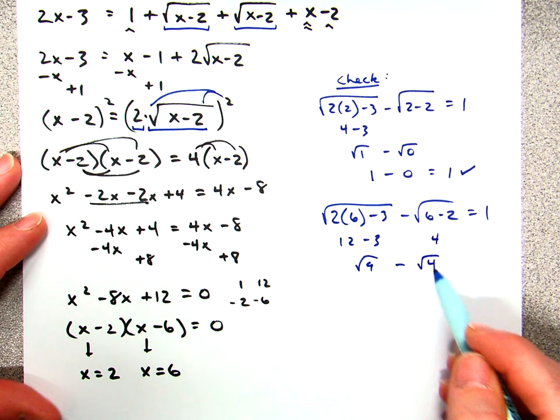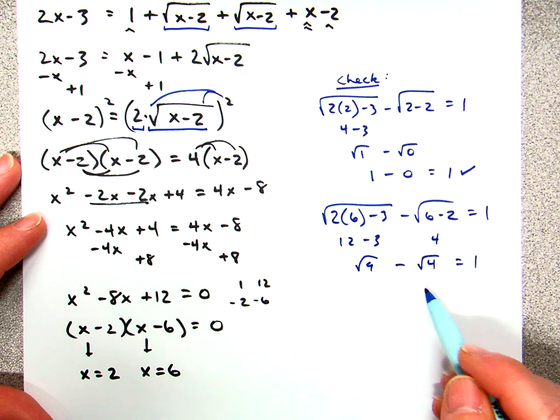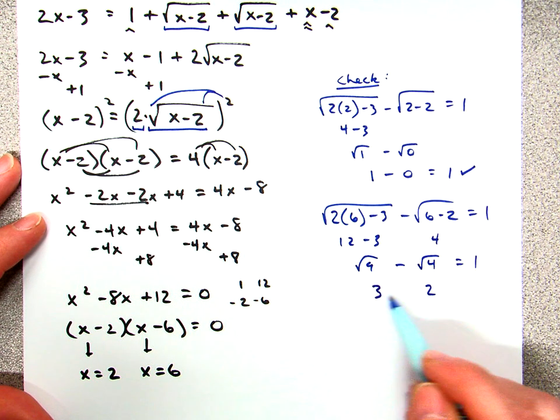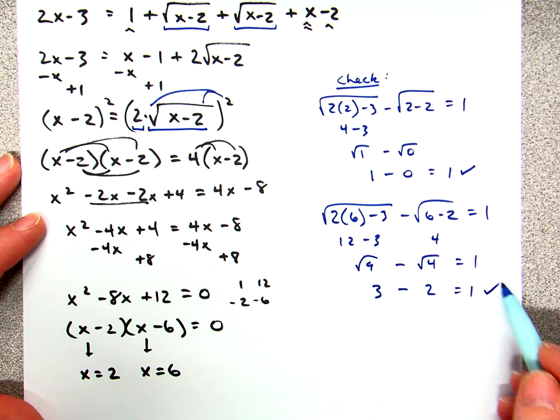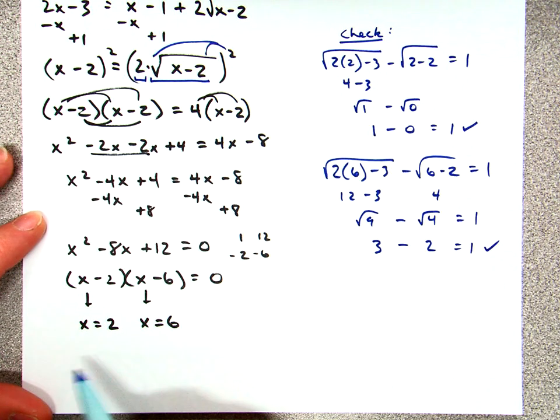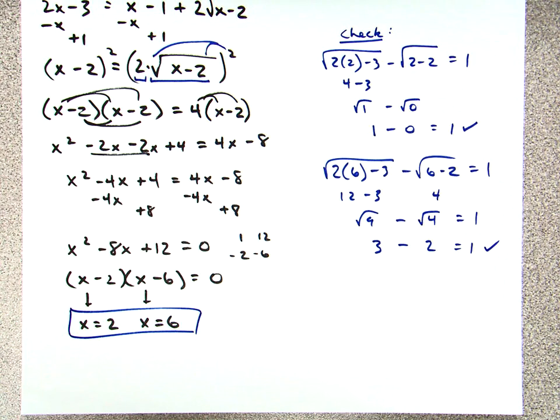Square root of 4 is 2. Square root of 9 is 3. 3 minus 2 equals 1. That's also true. So both of them are actually real solutions here.